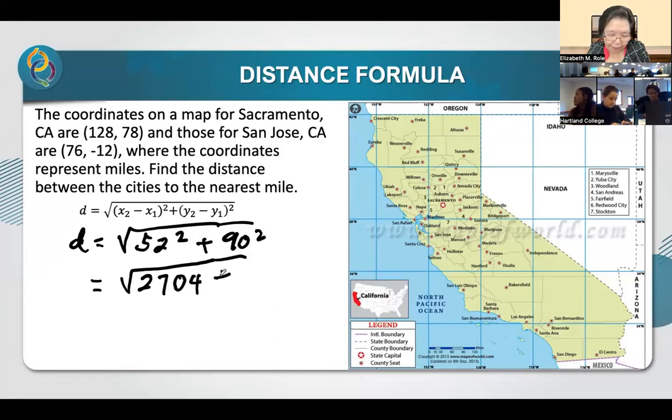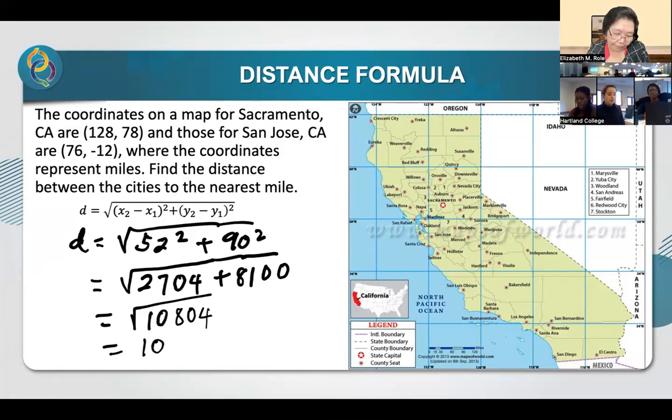And 90 squared is 8100. Adding them together, you get the square root of 10,804, and it's 103.94. All right, 103.94 is approximately 104 miles away. So Sacramento, CA is 104 miles away from San Jose.